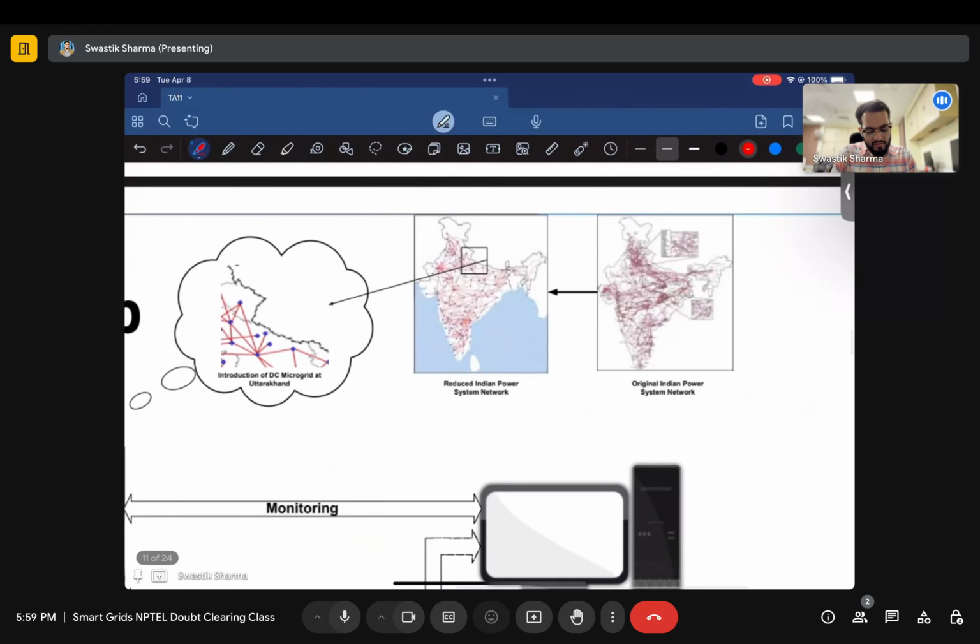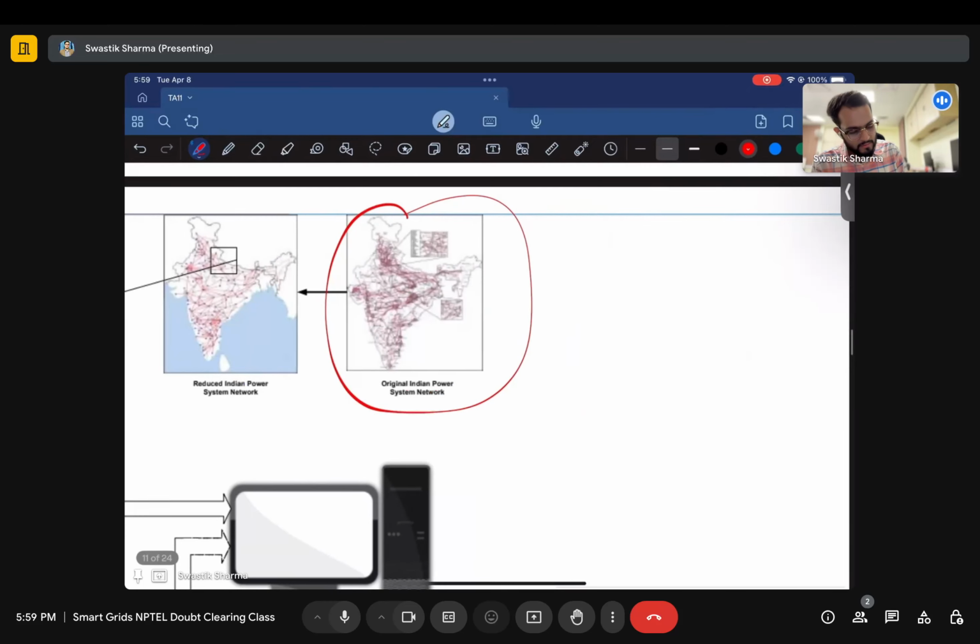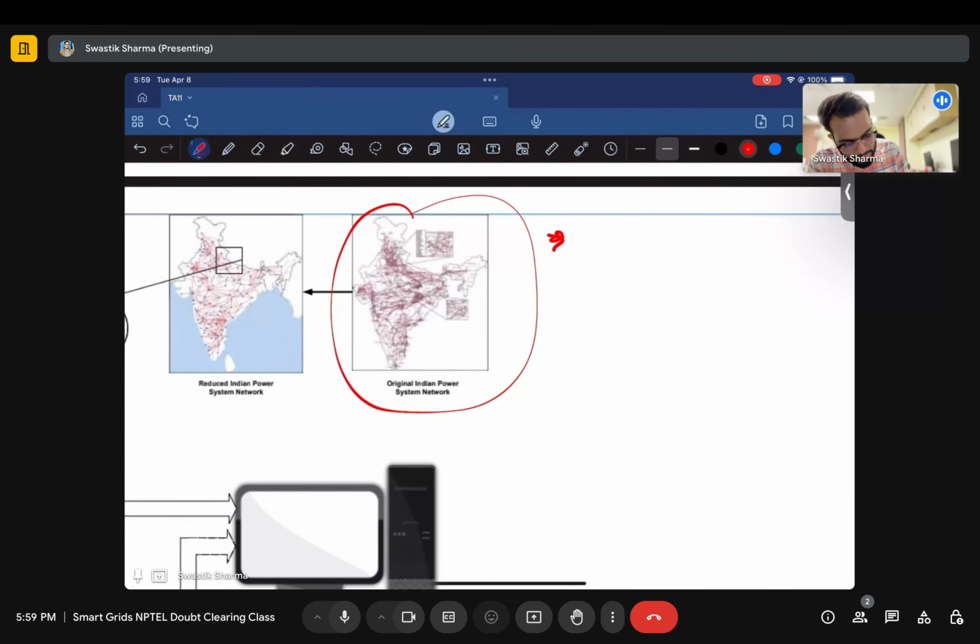So what they did was they reduced the Indian power system. Our original Indian power system network is this. It is a huge network system, right? If we talk about today's scenario, the peak demand that the grid experiences is around 250 gigawatts.